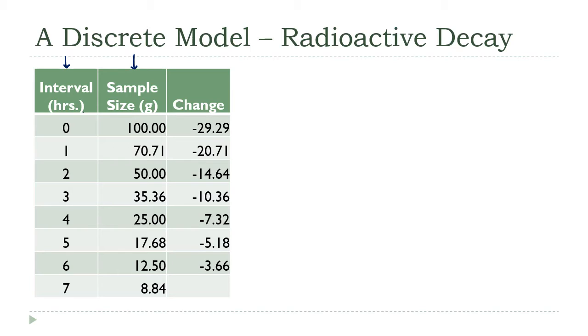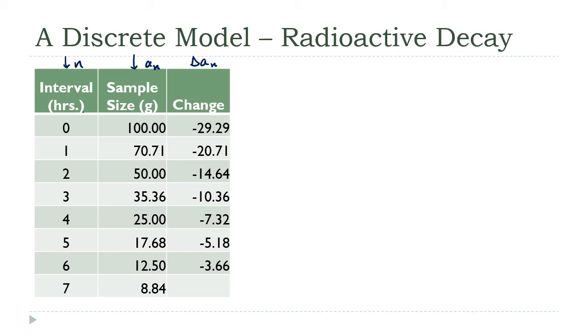The interval numbers here will be the n values, and the sample sizes will be the A sub n values. That makes the changes delta A sub n. And you can see this would be delta A sub 0, and that is A sub 1, 70.71, minus A sub 0. All right, so this fits into the definition.